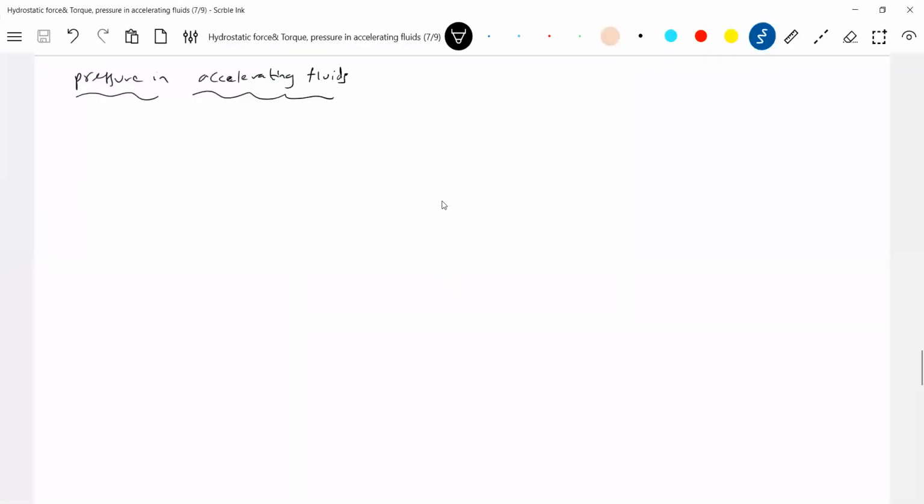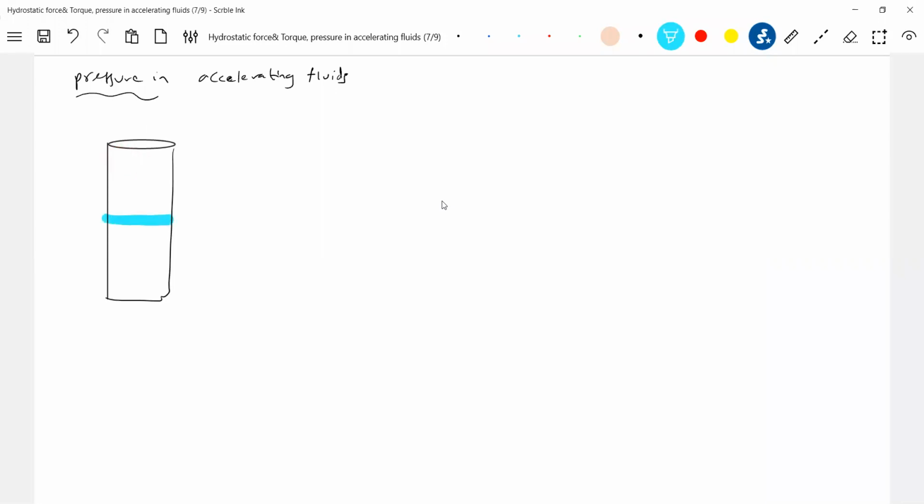Okay, let me fill up a liquid in a container. There's a liquid there.